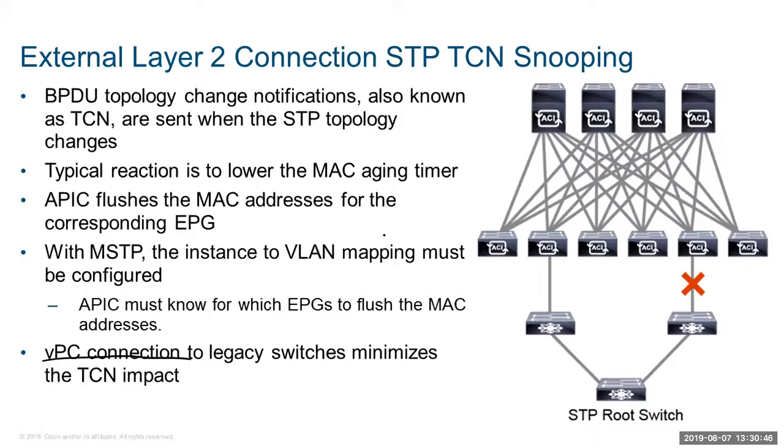By the way, if you do use multiple spanning tree protocol, MSTP, you would have to manually configure the instance. That's why it tells you that with MSTP, the instance to VLAN mapping, you have to manually configure it.